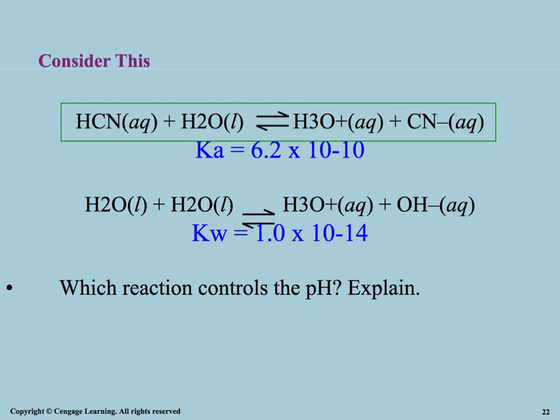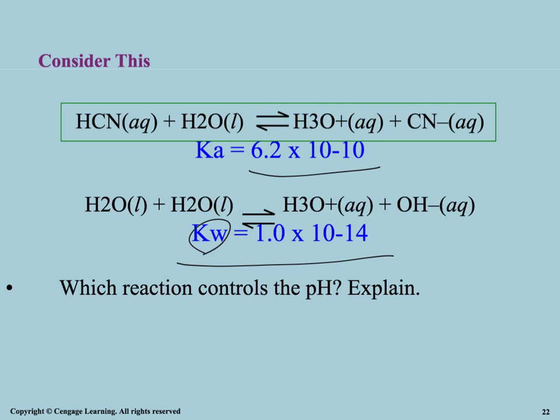Consider HCN. Ka is 6.02 times 10 to the negative 10. Kw is 1.0 times 10 to the negative 14. What's the W mean? Water. I didn't call it Ka, I called it the water one. Okay?